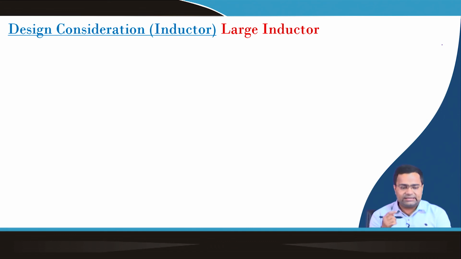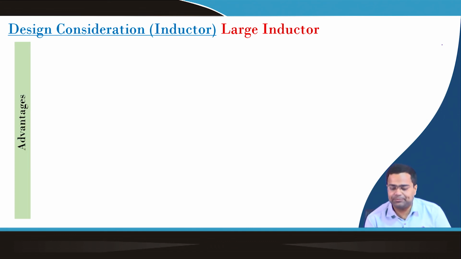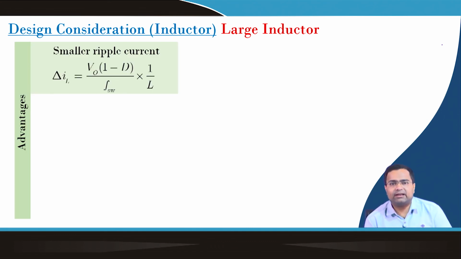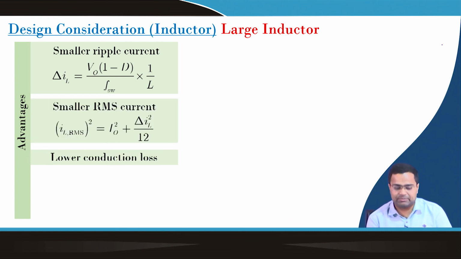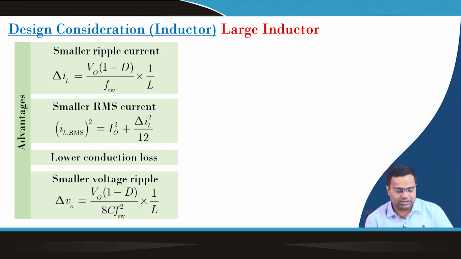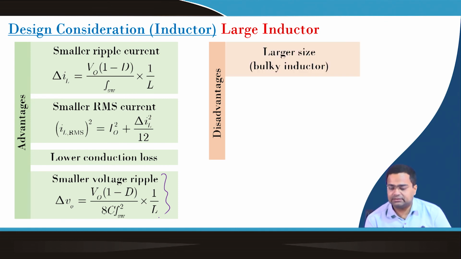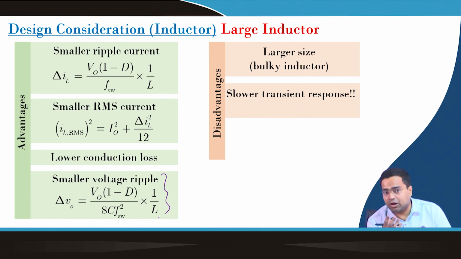Okay. So, for the design consideration of the inductor, if you take a large inductor, the advantage is that we can reduce the ripple parameter, we can reduce the RMS current, so you can reduce the conduction loss, and you can also reduce the output voltage ripple. What are the disadvantages? The inductor size will increase naturally because you are taking a larger inductance value, and we saw that the load transient response is slower.